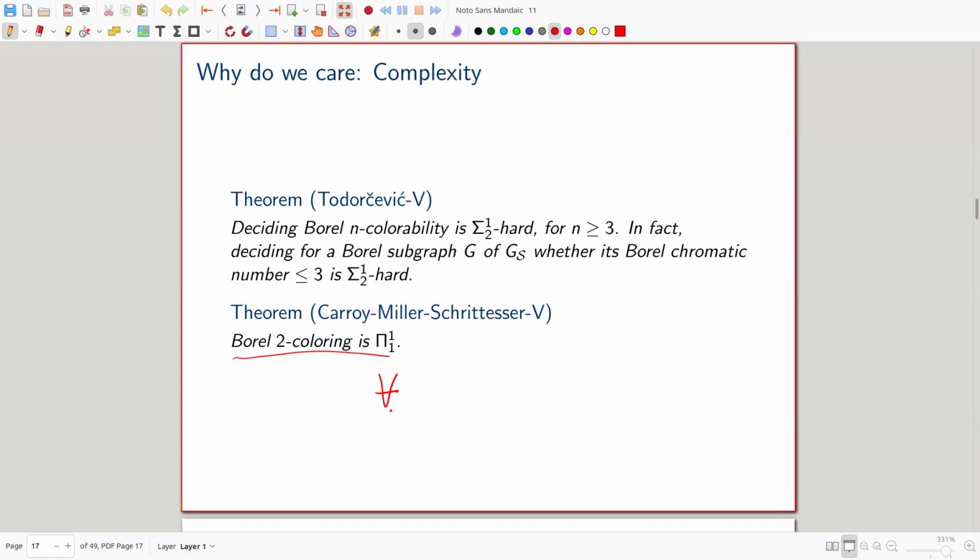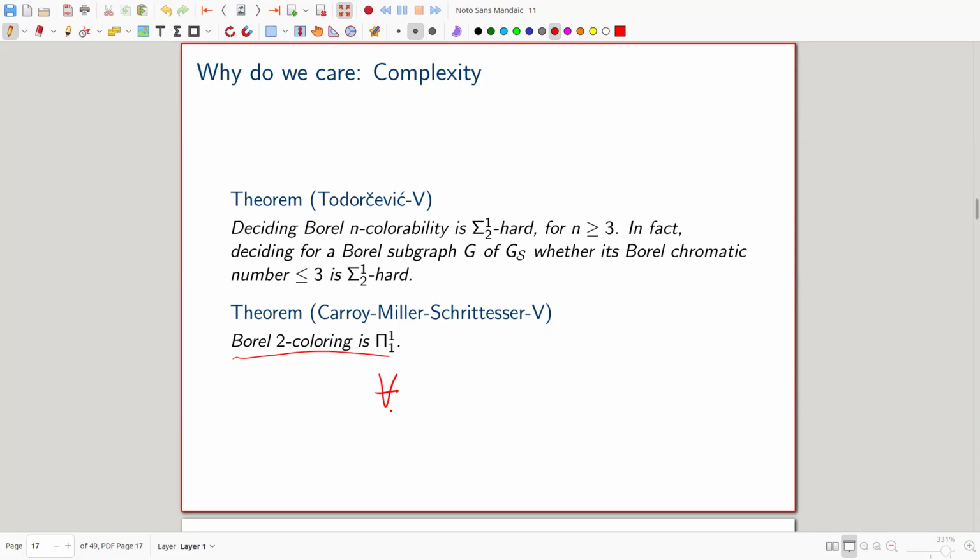There are also sets which come up naturally in analysis. For example, if you take the collection of those compact sets in three-dimensional space which are not arc-wise connected, these are again sigma 1, 2 hard.